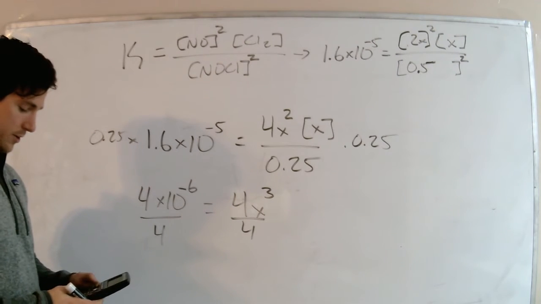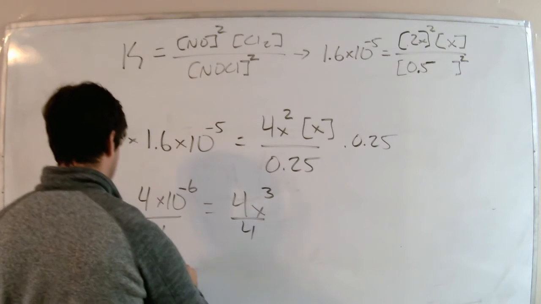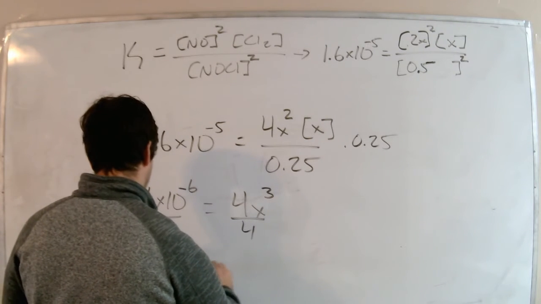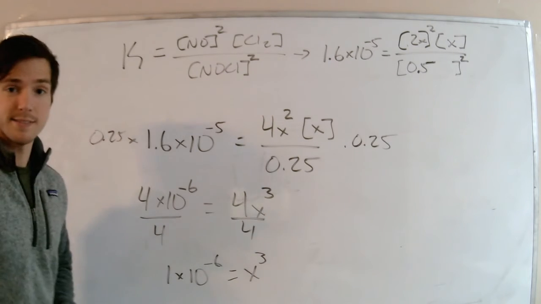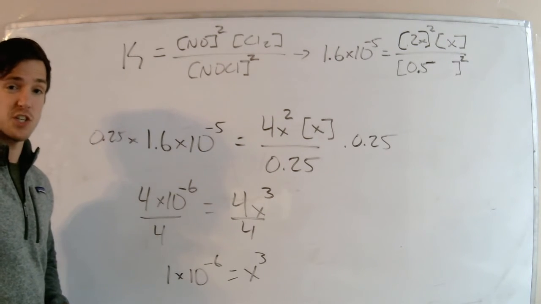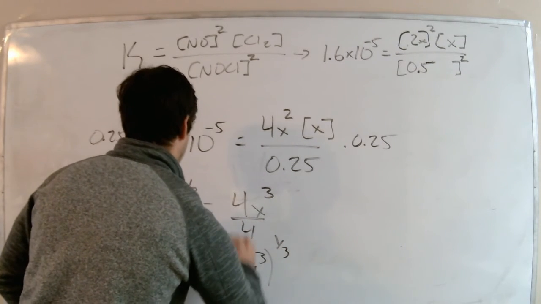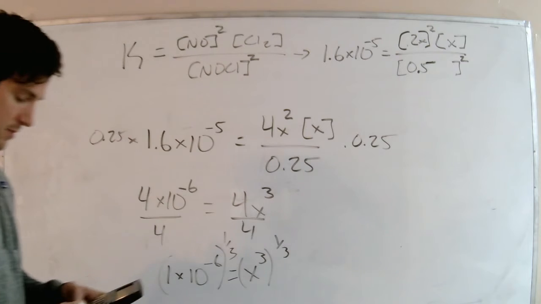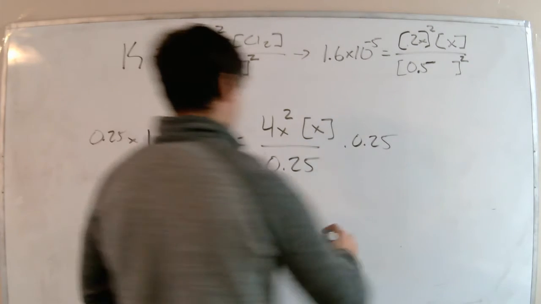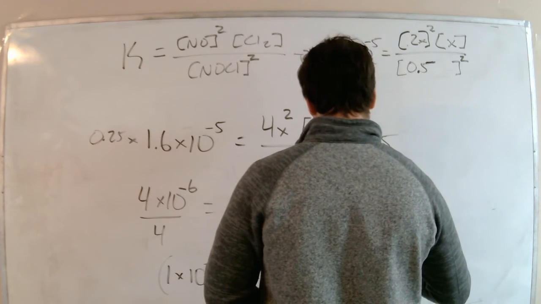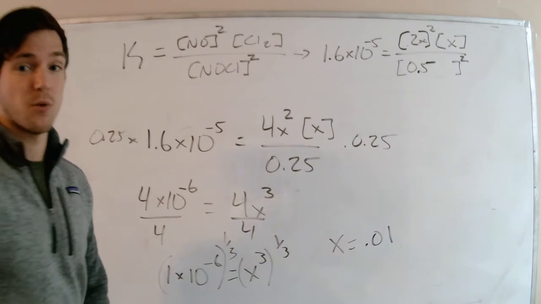So 4 times 10 to the negative 6 divided by 4, I know this one as well, I don't know why I'm doing this, is 1 times 10 to the negative 6 equals x to the third. And then we just cube root this, or you could just take it to the 1/3 on both sides. And you should get an x that equals 0.01.